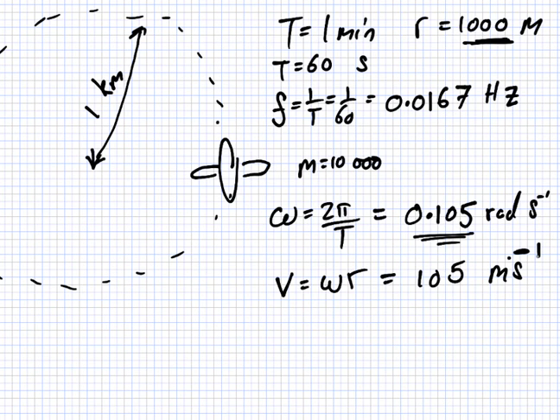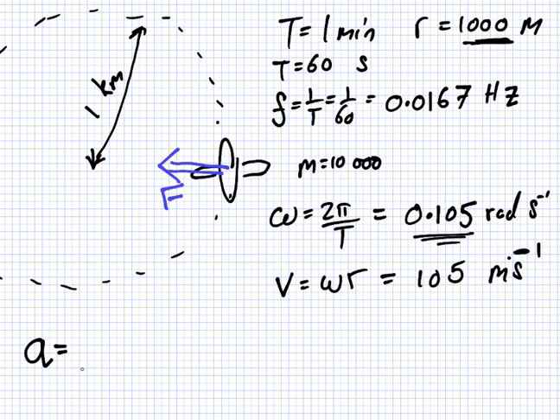But that's not what I want to know. I want to know how much force is coming from the engines to make the plane turn. So I want to know what is the F here. What is my formula for a? What's the formula for acceleration? I gave it to you.